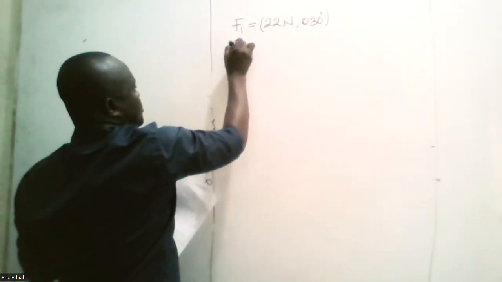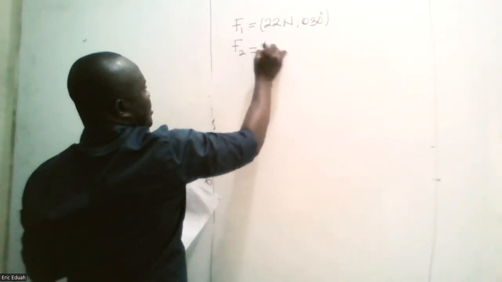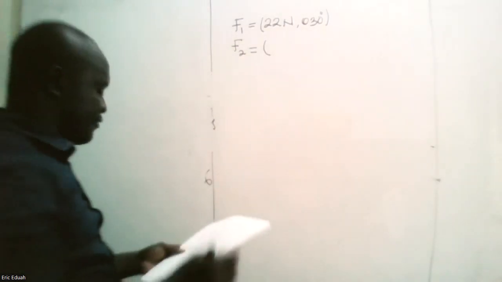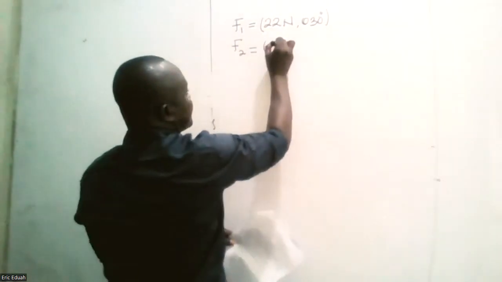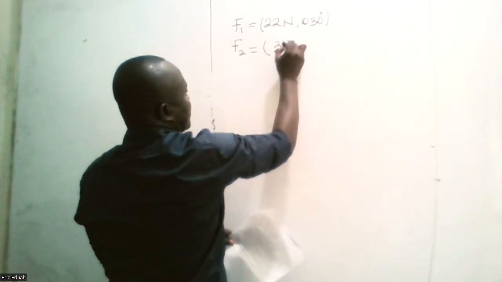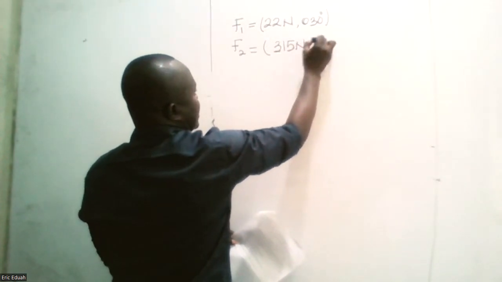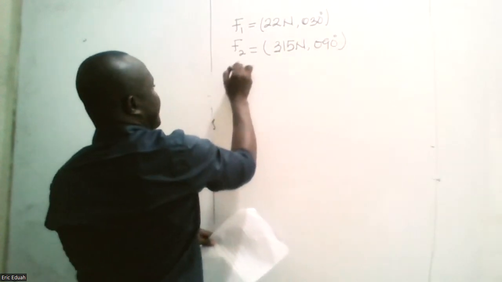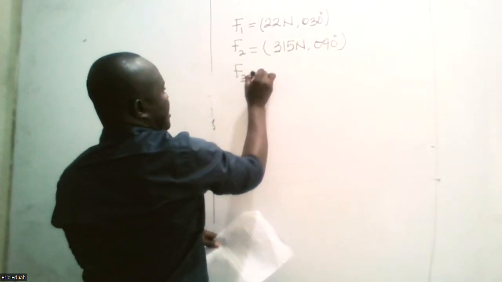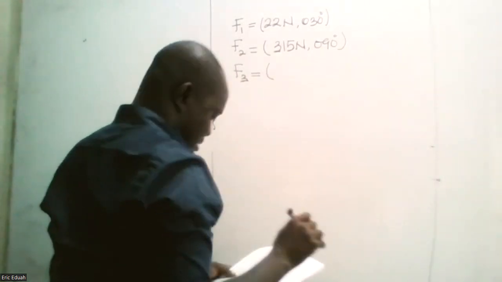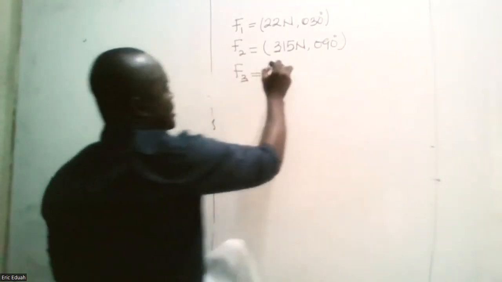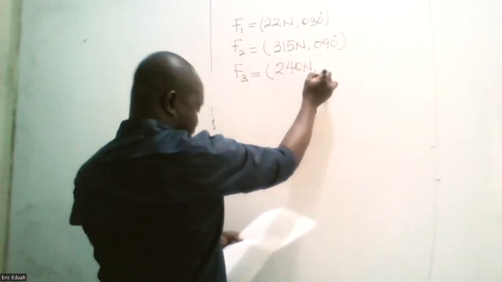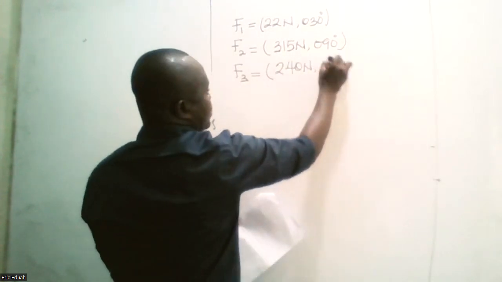Then F2 is 350 Newton at an angle of 90 degrees. Then F3, 240 Newton at an angle of 120 degrees.